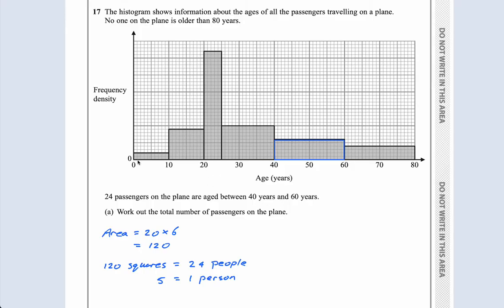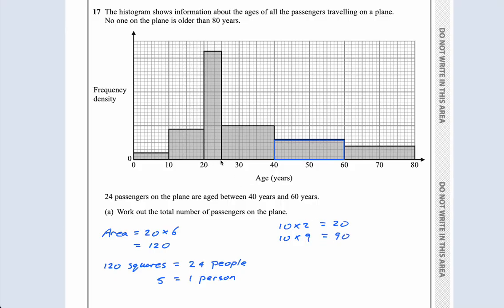So I just need to do this times this, this times this, this times this, and add them all up. So over here, I'll do just that. I'll do 10 times 2 equals 20. That's this. 10 times 2, 20. This guy is 10 times 9, because he goes up to 9. So that's 10 times 9 is 90.